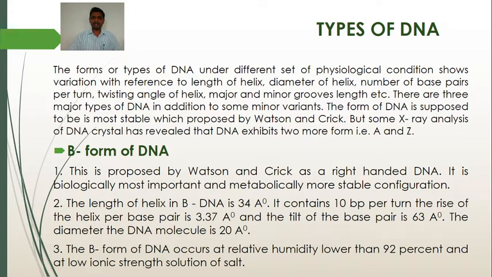It contains 10 base pairs per turn. The rise of the helix per base pair is 3.37 angstrom. The diameter of the DNA molecule is 20 angstrom. The B form of DNA occurs at relative humidity lower than 92% and in low ionic strength salt solution.